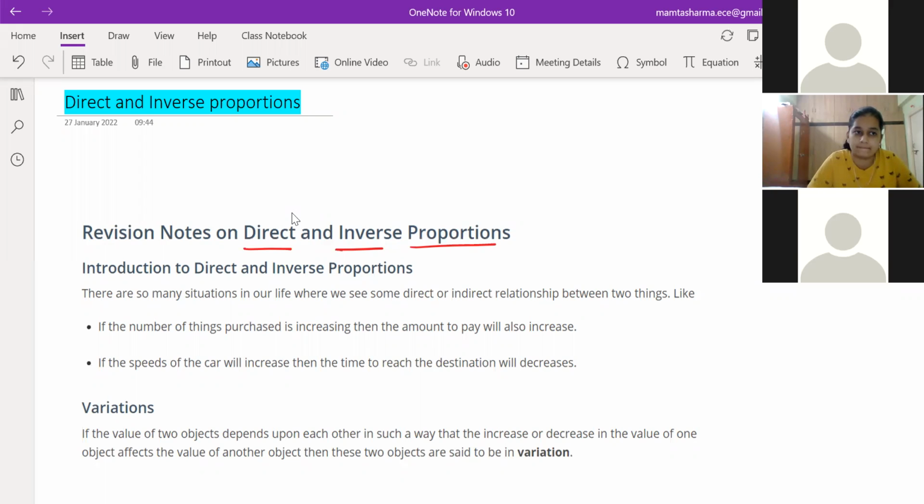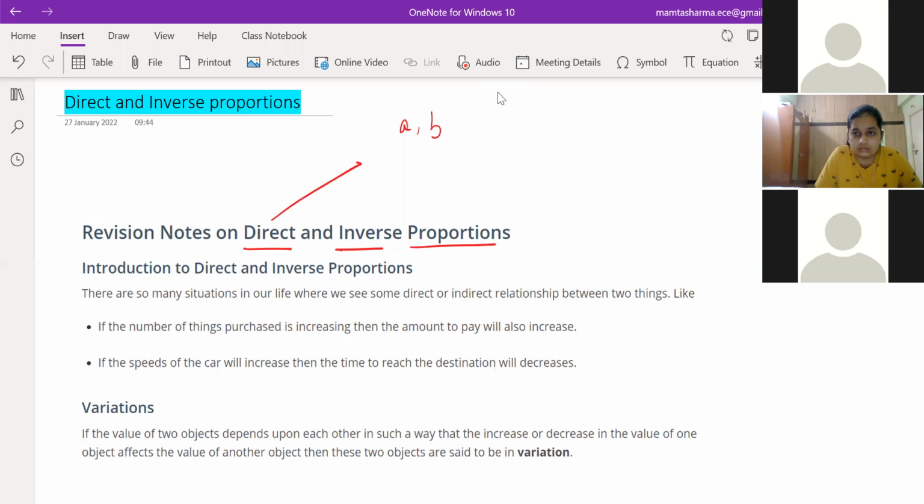If I have two quantities A and B, it may be speed, distance, sweet boxes, number of clothes, or amount. It may be anything, but what will be the relation?